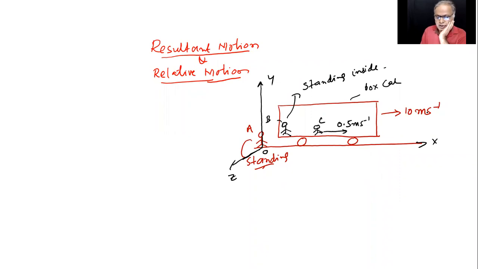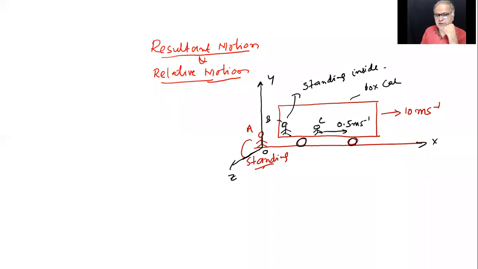Do you follow? But for a person standing inside, B, the car will be at rest. Isn't it so? Tell me. You can think he has no information of what is happening outside, in the sense the curtains were drawn, he's not allowed to see outside.